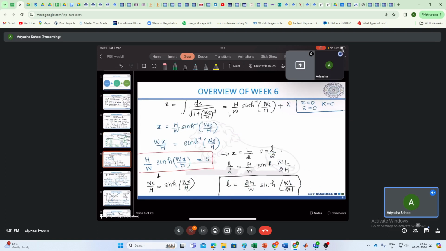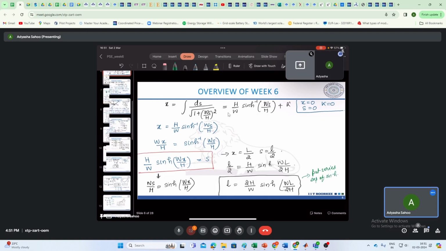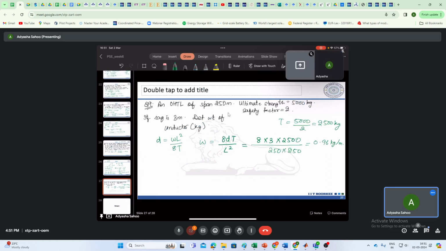So from this formula, if you put the series expansion of sine hyperbolic, then you will get the length of the line in terms of span length as L into 1 plus 8 d square divided by 3L square.